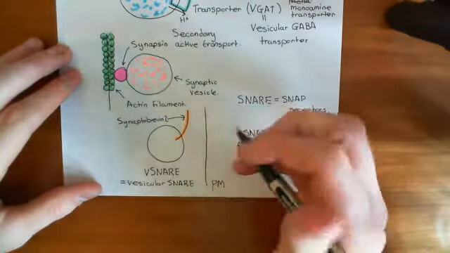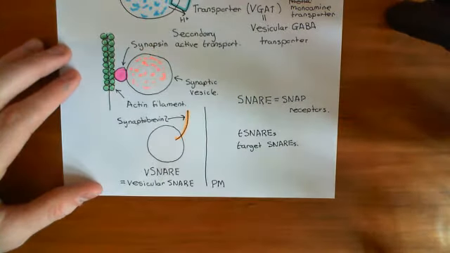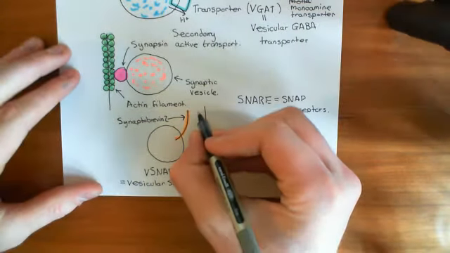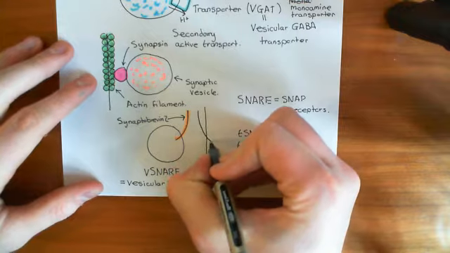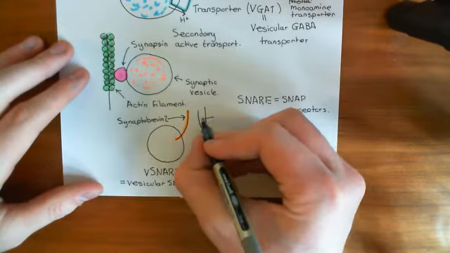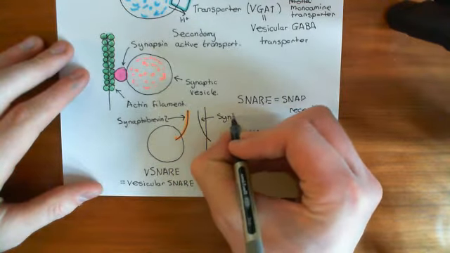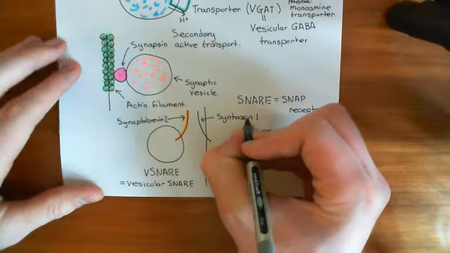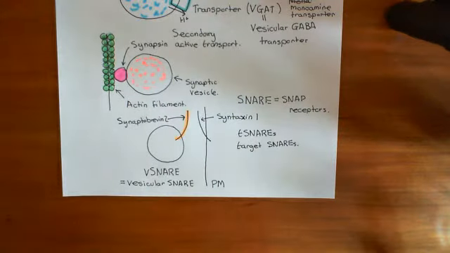Now, we have 2 more SNARE proteins, which are the T-SNAREs. Another SNARE protein is in the plasma membrane, and this is known as syntaxin 1. Again, most people will just refer to this as syntaxin, but there are many different types of syntaxin. When you study vesicle fusion events other than those in neurotransmission, syntaxin shows up everywhere, and there are loads of different types.